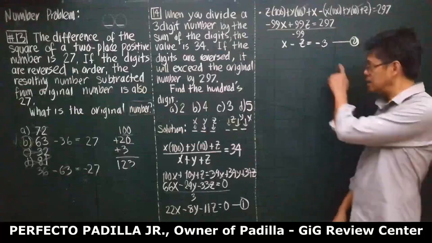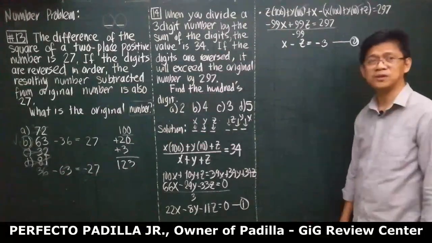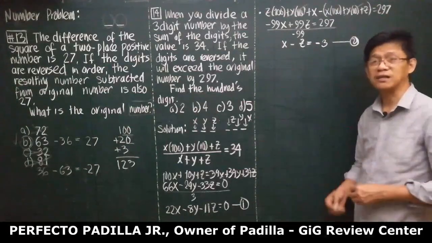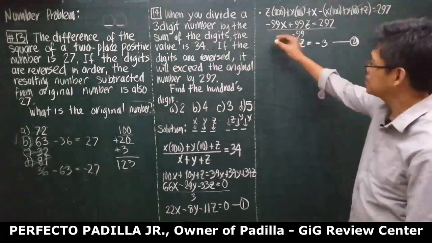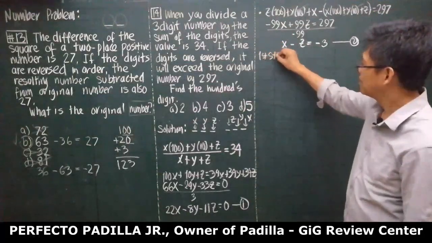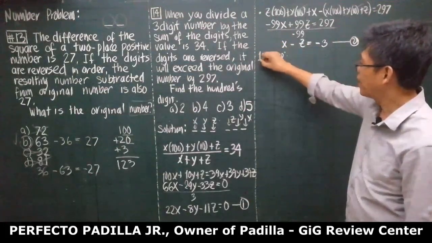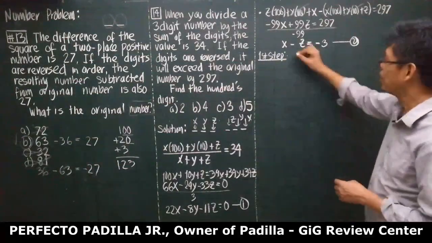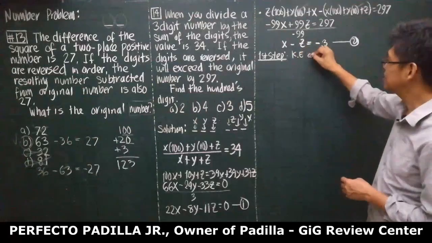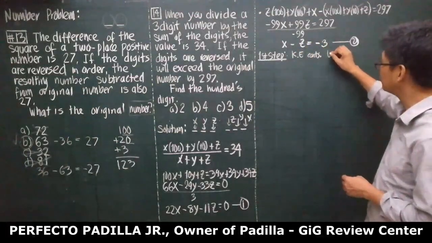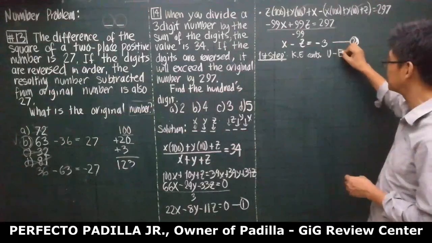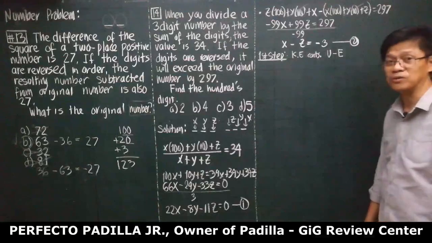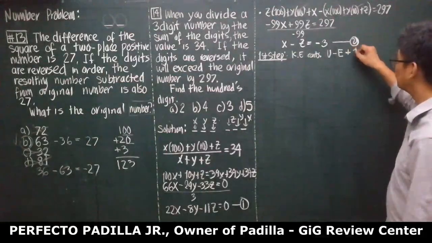So these two are systems of simultaneous equation. So how do we solve? Systematic trial and error. First step is, ano yung first step ng Diophantine system? Find the key equation. Yung key equation contains the number of unknowns minus the number of equations, yung discrepancy ng number of equations and number of unknowns, plus 1.